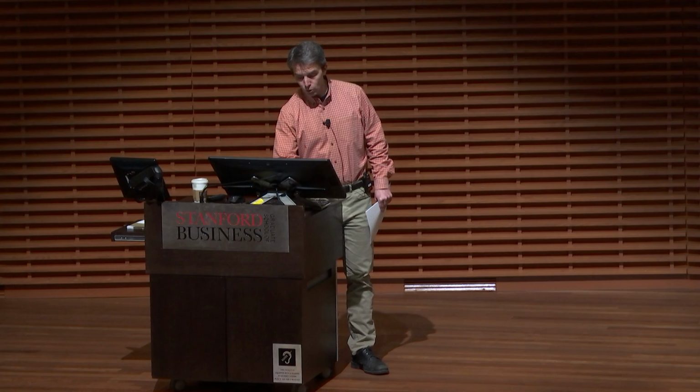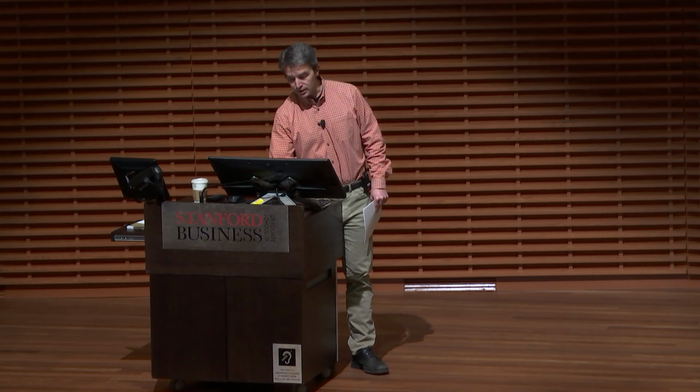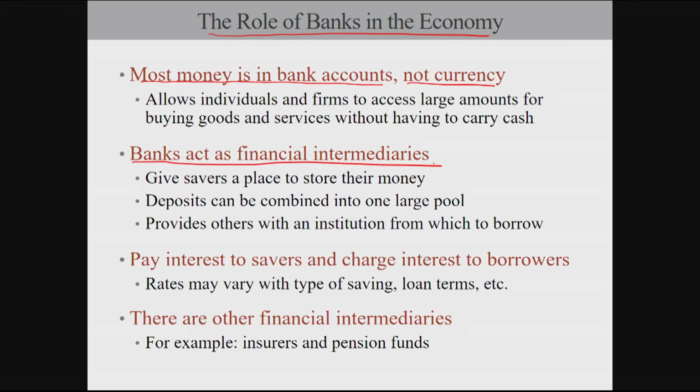Banks play a very important role in the sense that they act as financial intermediaries. It allows savers a place to store what money they have, and they can convert all of these savings into a big pool to potentially provide others with money from which to borrow. I have a checking account and a savings account at Stanford Federal Credit Union.